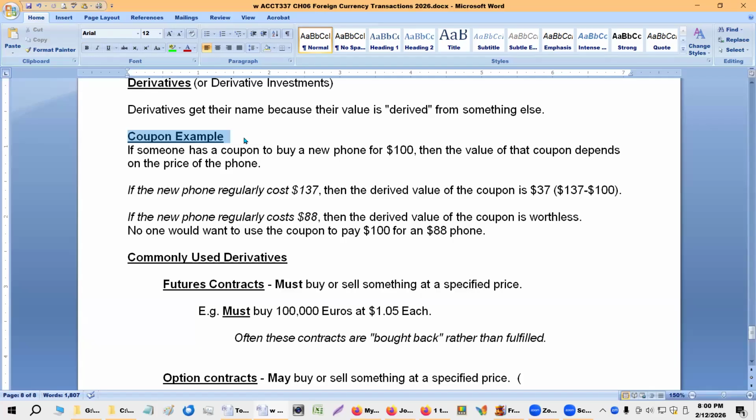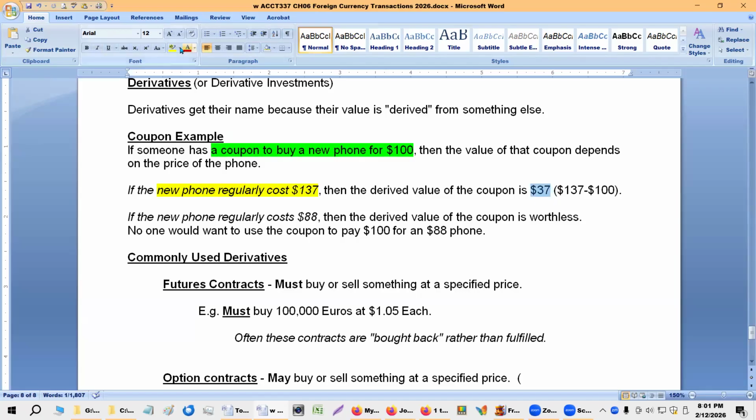For example, let's say you get a coupon to buy a new phone for $100. Well, how much is that coupon worth? If the new phone really costs 137, then the derived value of the coupon is $37. You saved $37 by using the coupon.